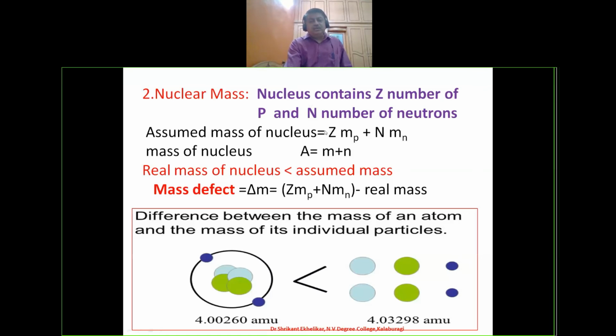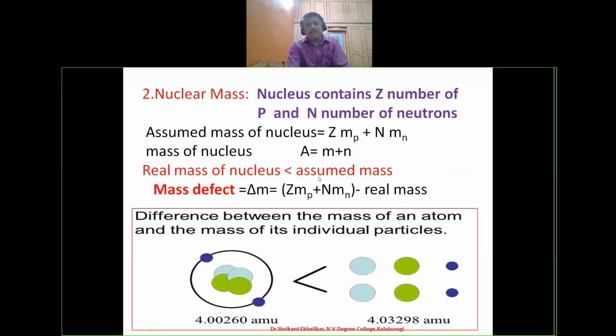Assumed mass is Z number into mass of proton, N number of neutrons into mass of neutron. Real mass of the nucleus as a whole is less than when you weigh them separately and add the masses of protons and neutrons.